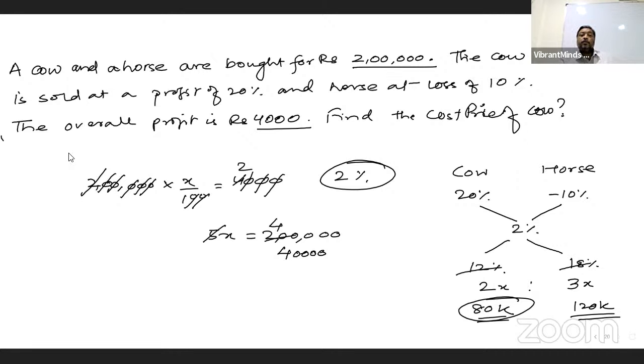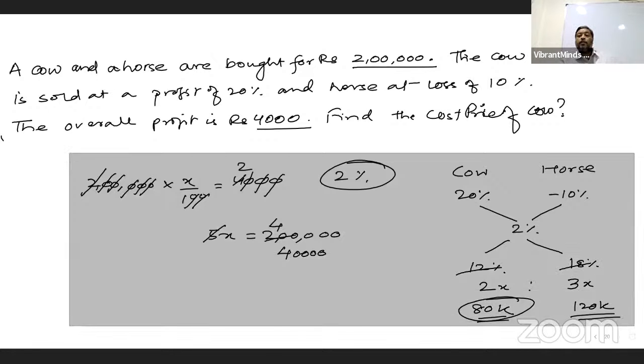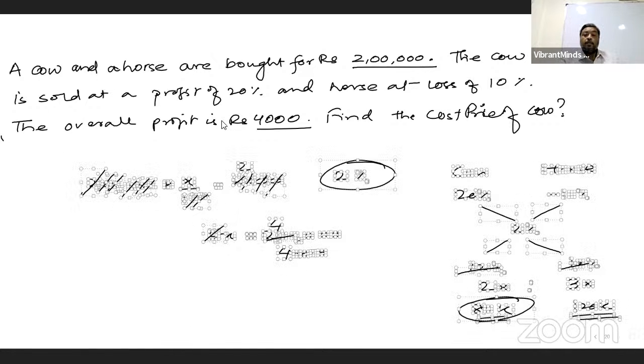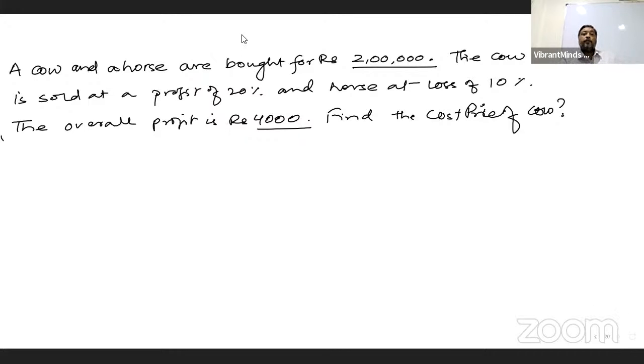Suppose cow's price is X and a horse's price is two lakh minus X. The cow is getting a profit of 20%.